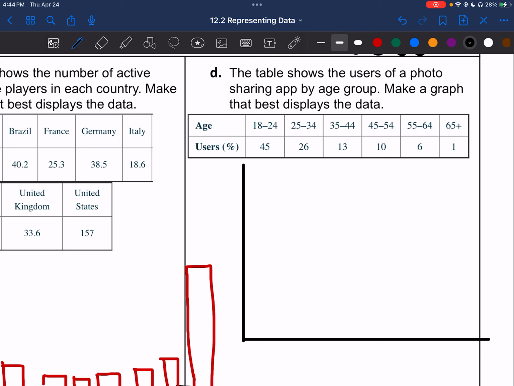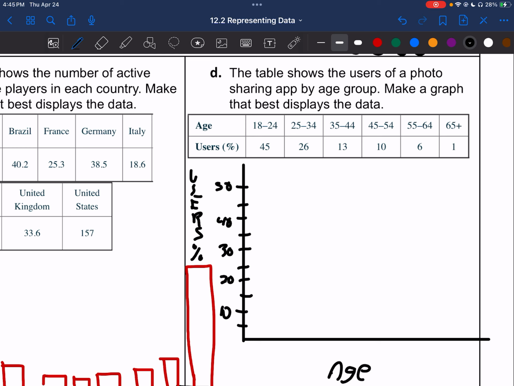I'm going to go by fives maybe and take it up to 50. So 5, 10, 15, 20, 25, 30, 35, 40, 45, 50. And that is users. And that's a percentage.